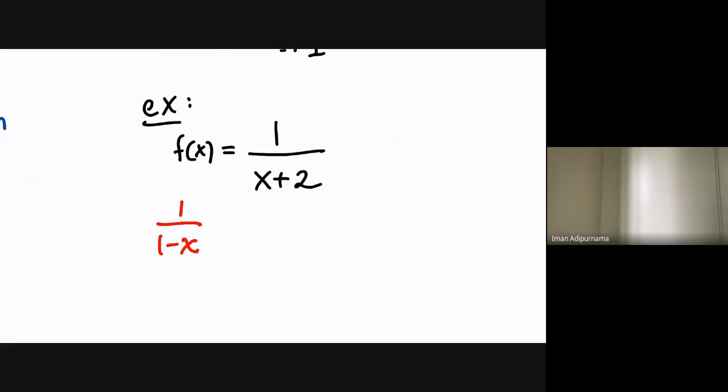Maybe first switch to the left, x here, right? 2 plus x. And then either you can factorize 2 outside, or you can change this positive to negative negative. That's also fine. Either way, it's okay, but in the end it will result in the same result.